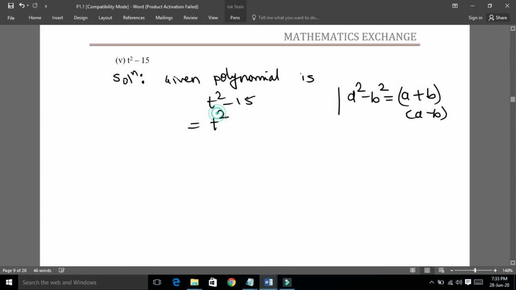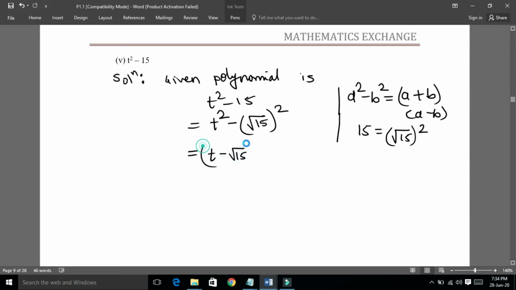So we know that 15 is the perfect square of root 15, because the square root of 15 and the square get cancelled here, so that we get the value 15. So we write down 15 as the square root of 15 whole square. Now this is in the standard form of a square minus b square, so applying the identity, we get t minus root 15 in one bracket and in another bracket t plus root 15. So these are the factors.